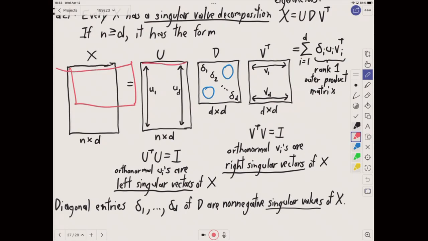Then U would be square, and D would be the same size, and V would be wider than it is tall. So that's what you do if X is wider than it is tall for our purposes.